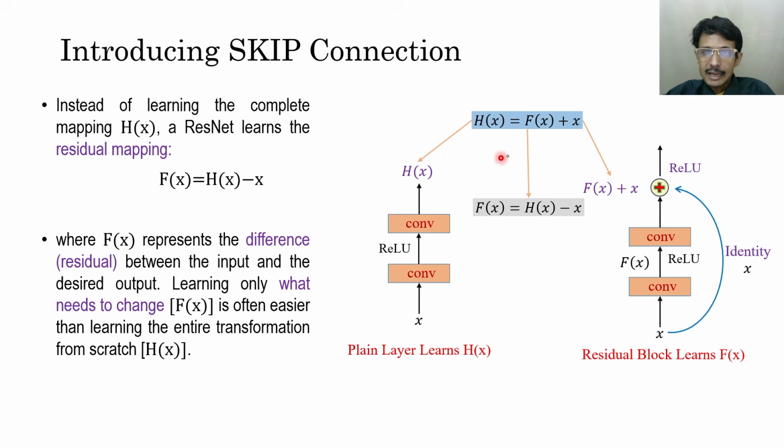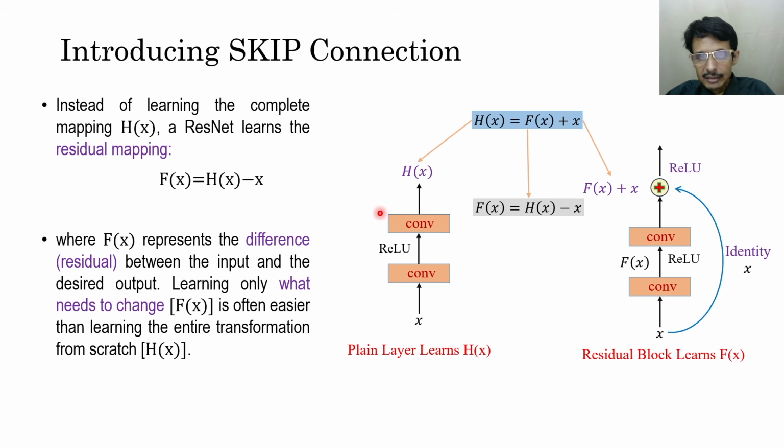That is basically the importance of skip connection, and it has a very interesting advantage. We'll see the vanishing gradient problems later, but here, from the optimization viewpoint and the convergence viewpoint, these residual blocks are basically learning a simpler function than the normal case.